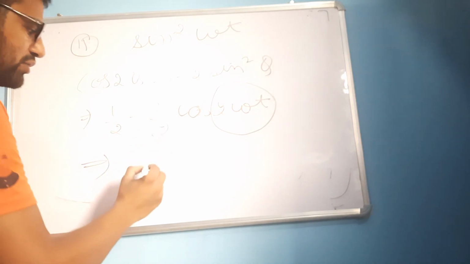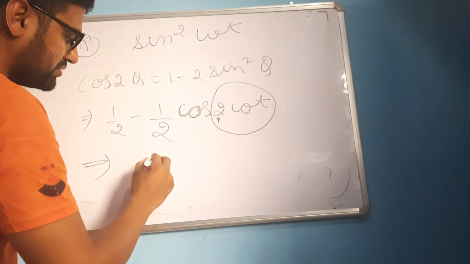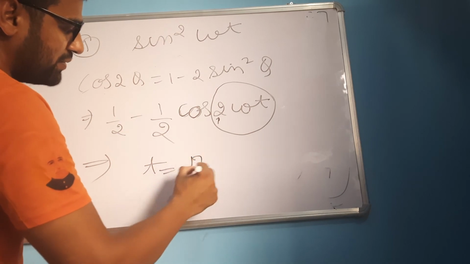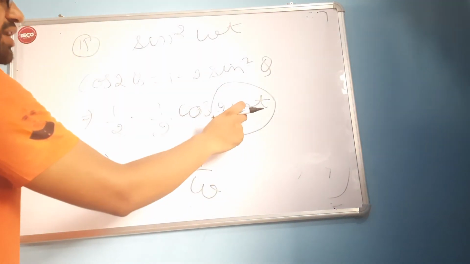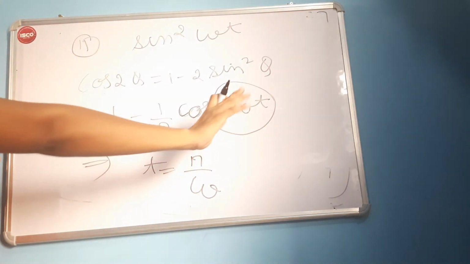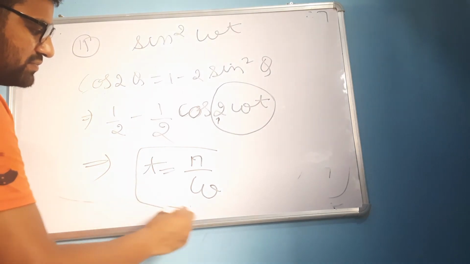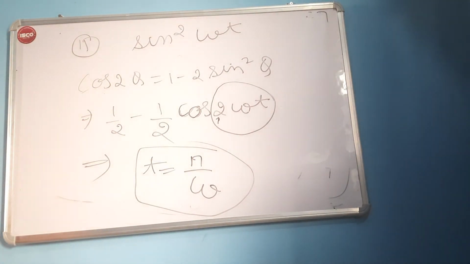And how will it be equal to 2 pi? We have here 2, we need just pi, and to cancel omega, so it will be equal to pi by omega. The omega will get cancelled and 2 into pi is 2 pi, so our time period will be pi by omega.